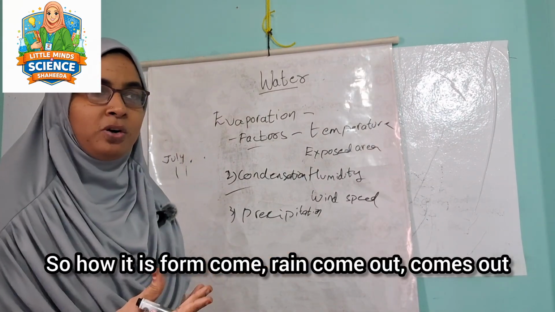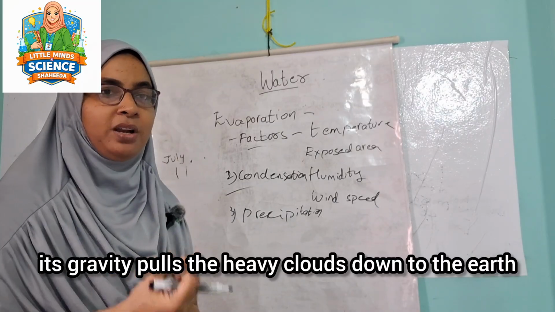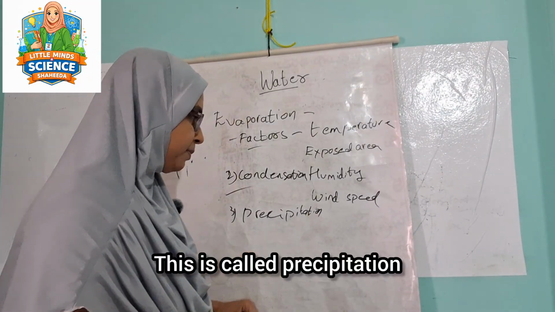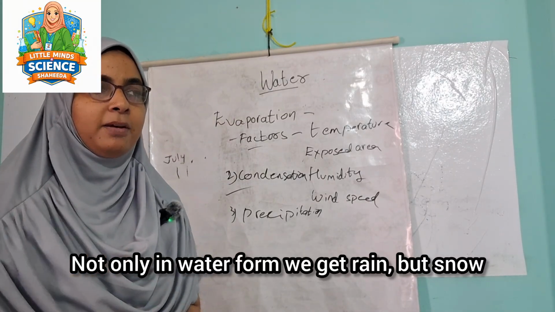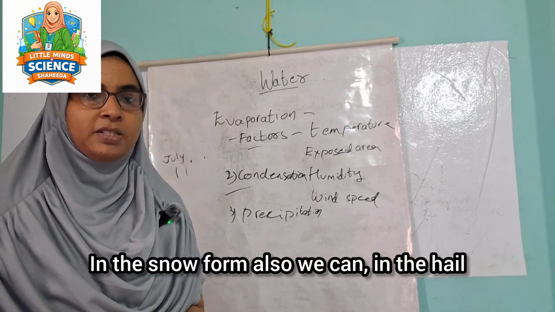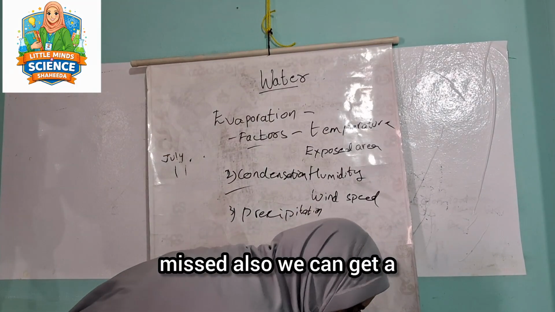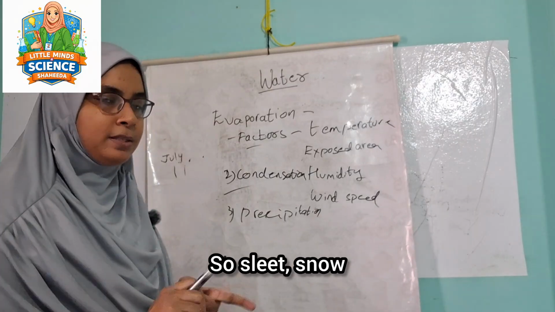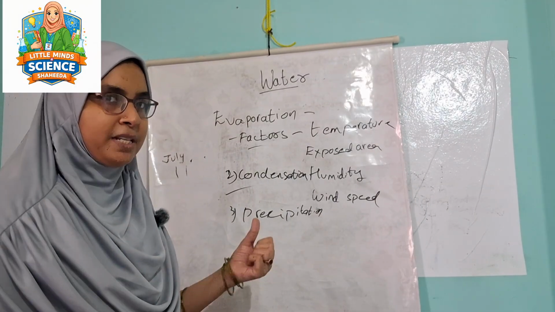Not only in water form we get rain, but also snow, hail. Sleet, snow, hail and rain are the forms of precipitation.